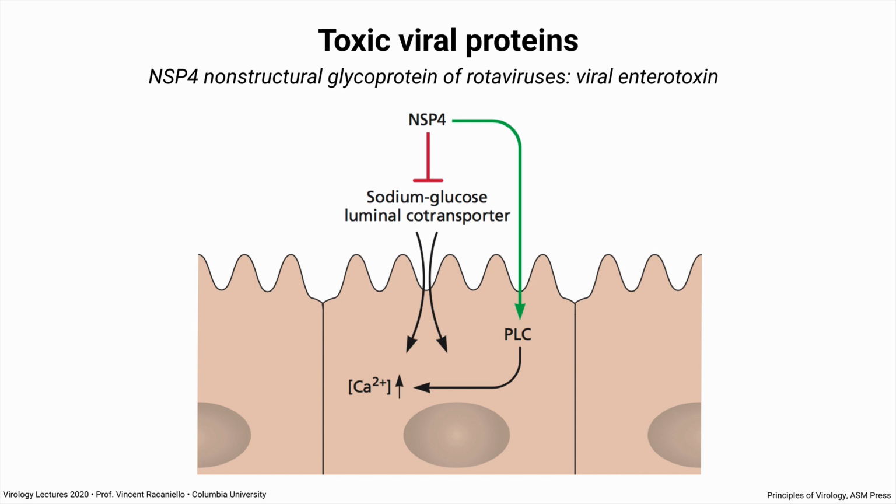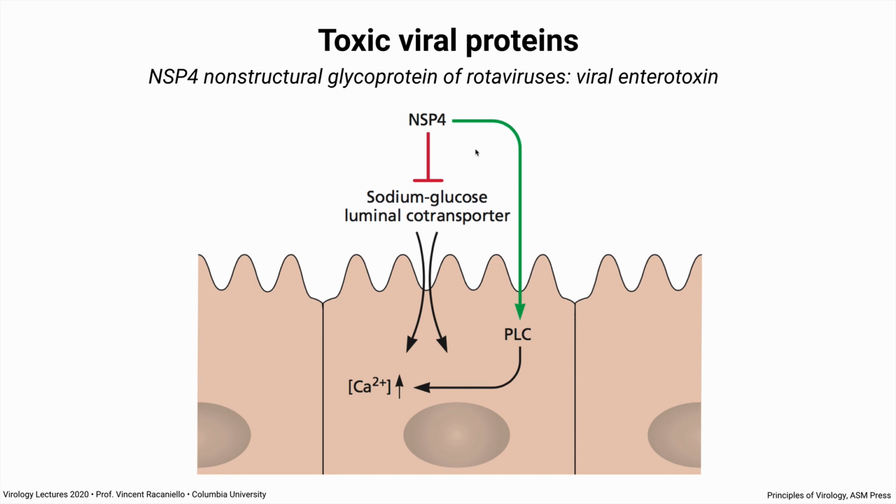A few viral genomes encode toxic viral proteins that are soluble. And this is an example of one called NSP4, encoded in the genome of rotaviruses. These are double-stranded RNA viruses that cause gastroenteritis in humans. And we think the NSP4 protein is what we call a viral enterotoxin because it is toxic in the enteric tract.